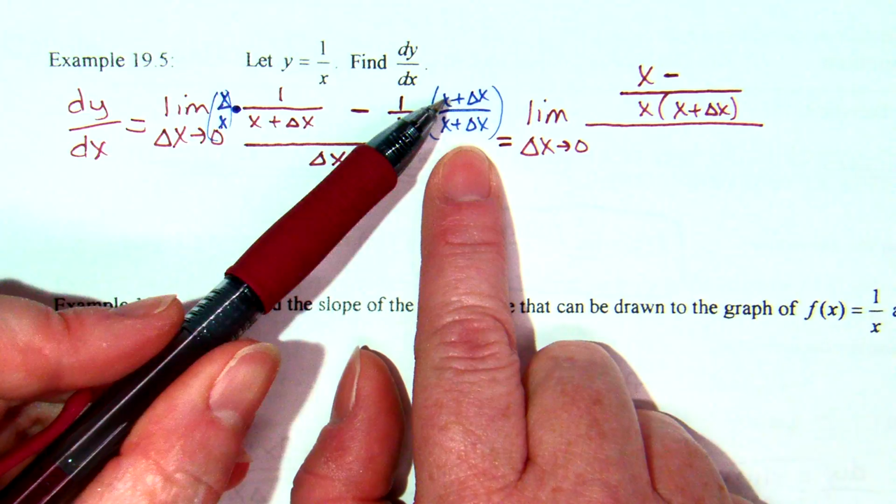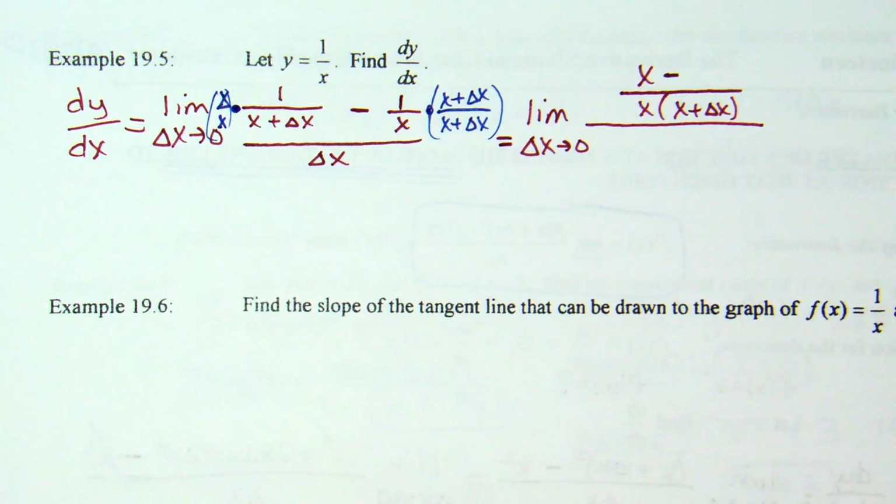Now, which way do you want me to write this? We can write it as minus, in parentheses, x plus delta x. Or we could distribute that minus and write it as minus x and minus delta x. Let's do that. Now, here's what I'll put up above.